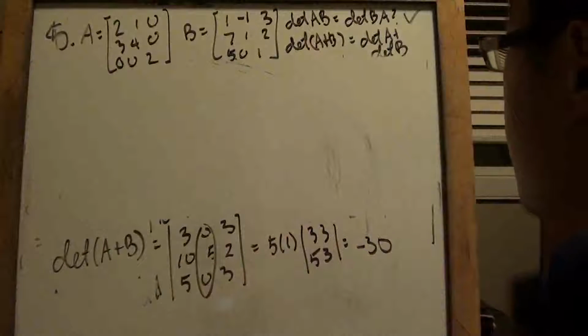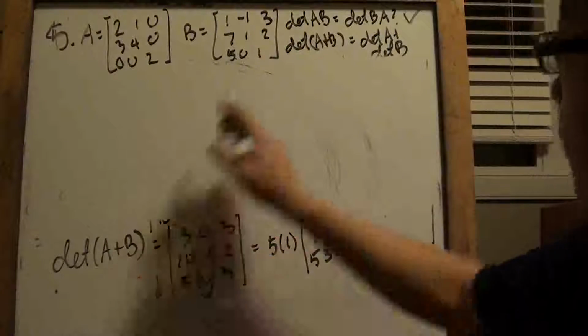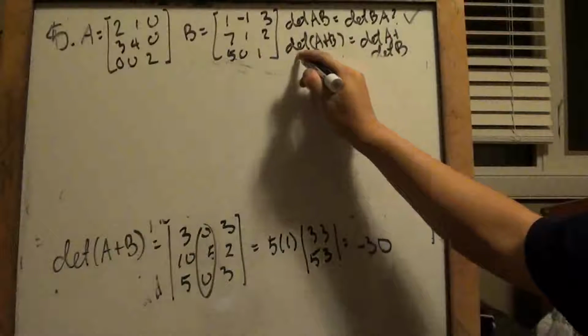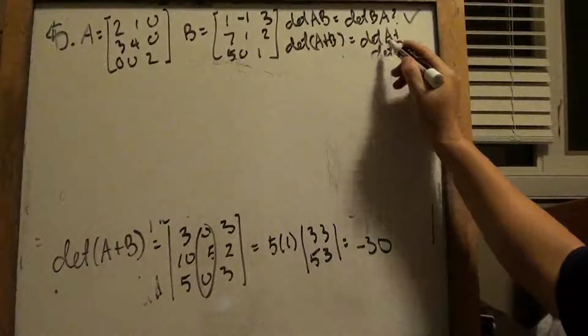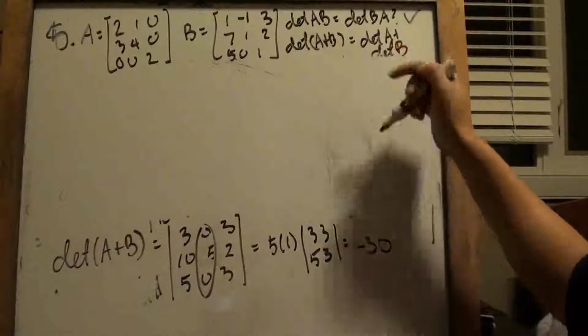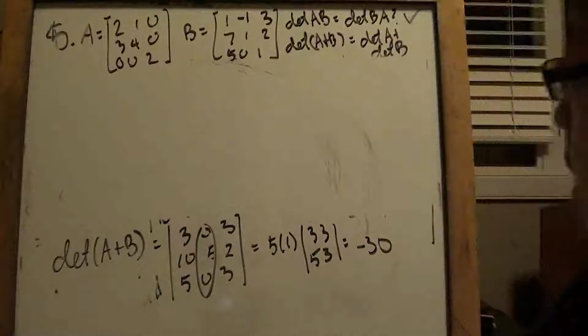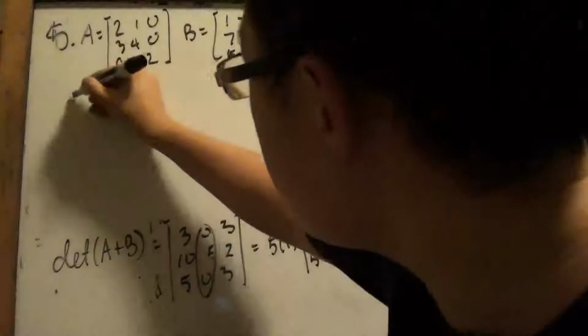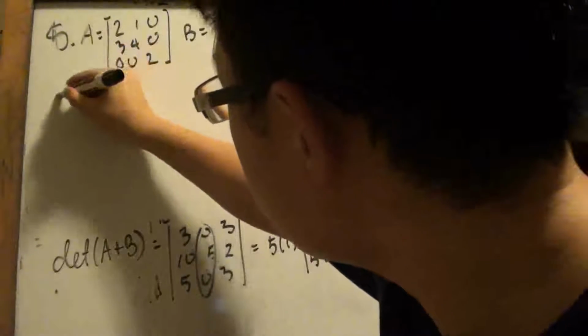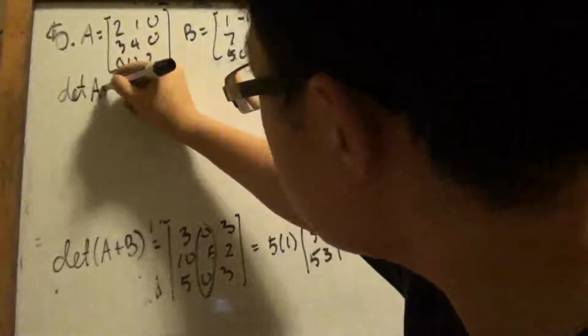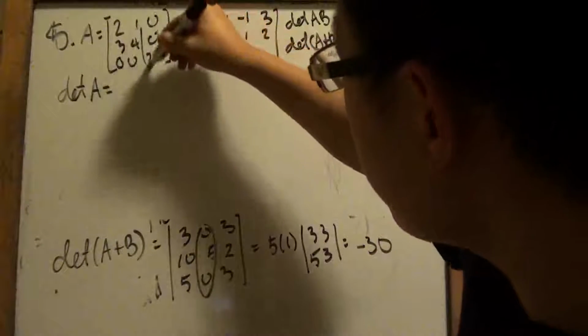Okay, so now I have this, right? I'm going to see if I can calculate it individually and see if they add, because we have to be able to prove from the left and right side. So det A, we're going to use this one right off the get-go.